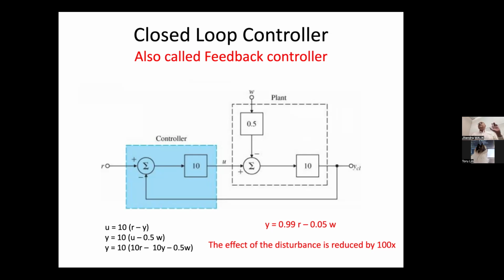Notice what's so cool about this. What's the effect of the disturbance? The effect of the disturbance previously was 5W, and now it's become 0.05W. So the effect of the road grade, upslope, downslope, is severely diminished. It's been diminished by 100x. And you paid a little penalty for it, which is that Y is 0.99R.